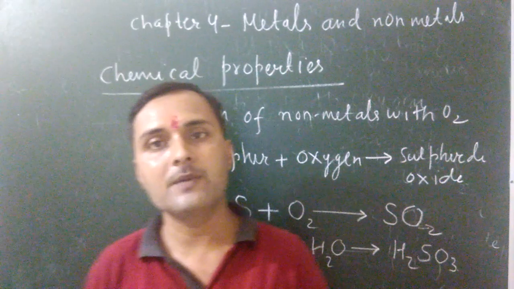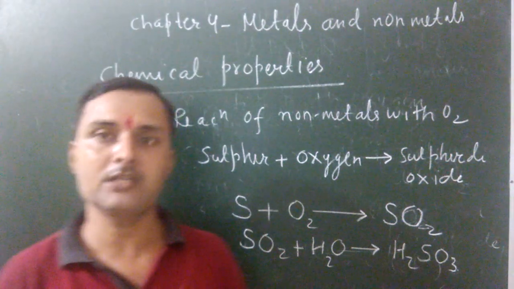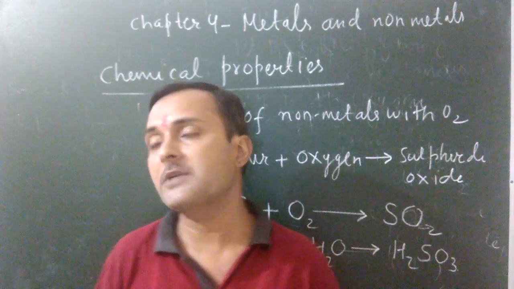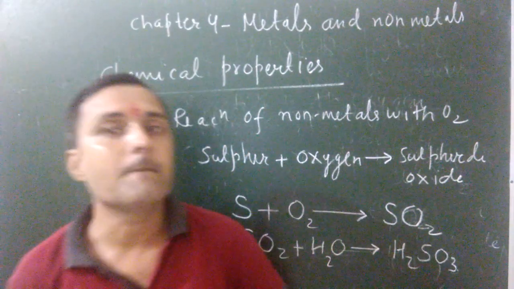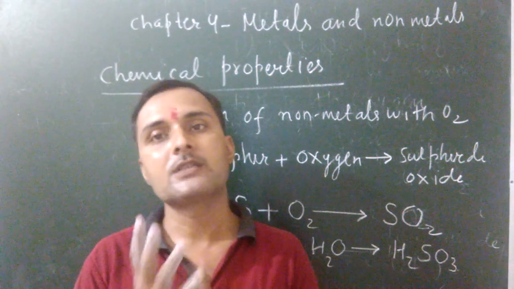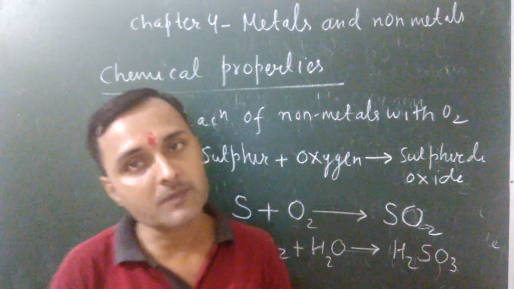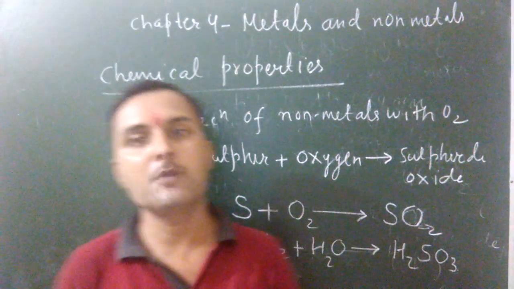First, I have explained the reaction of metals with oxygen in the chemical properties, and I have explained the reaction of three metals with oxygen: the first is sodium, second is calcium, and third is magnesium. And as the second example I have given the reaction of non-metals with oxygen.